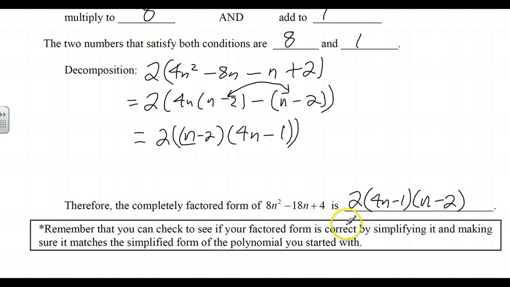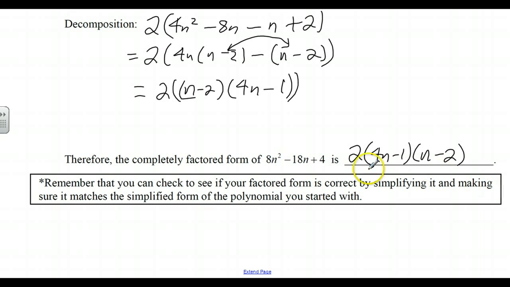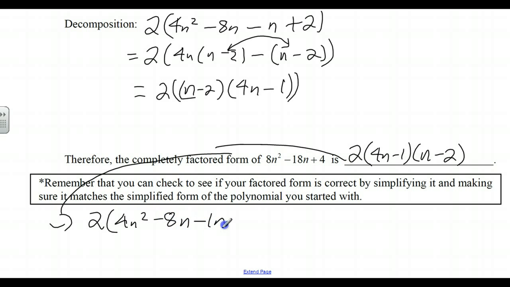Remember, you can check to see if the factored form is correct by simplifying it and making sure it matches the polynomial you started with. In other words, we can multiply this out. So it's 2 times, and we'll use FOIL. We'll get 4n squared minus 8n minus 1n plus 2.